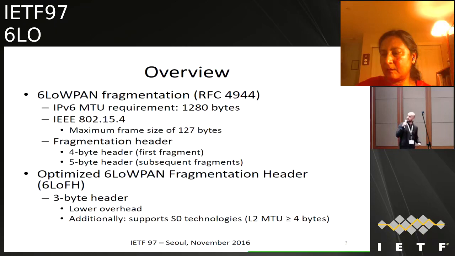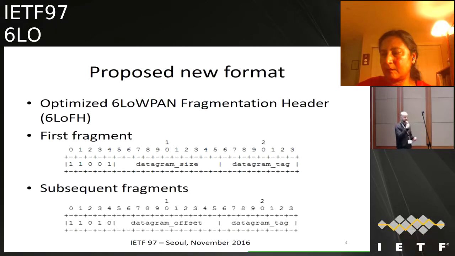So this is the format. For the first fragment, we have a 5-bit dispatch type value, which indicates that this is a first fragment. Then we have an 11-bit datagram size field, which encodes the original IPv6 datagram size. And then a 1-byte datagram tag, which identifies the original IPv6 packet.